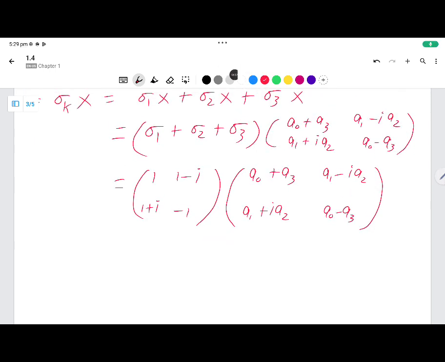Okay, so when we do this matrix multiplication, what do we have? The big matrix. So it will be a0 plus a3 plus a1 minus i a1 plus i a2. I squared will give me minus 1, so it will be plus a2, plus 1 plus 1.